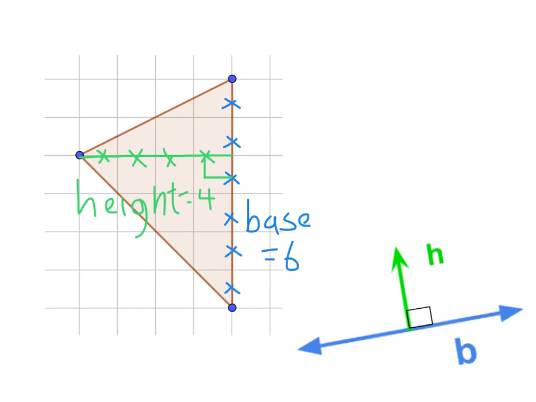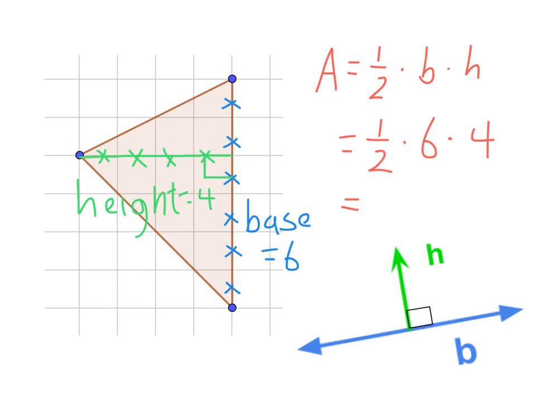It is time for the calculation. I'm going to use 1/2 times base times height. 1/2 times 6 times 4. If I carry out this calculation, 1/2 of 6 is 3, 3 times 4 is 12, and I'm done.